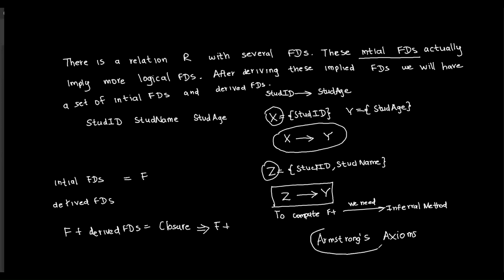And this is a very sound and complete method to find out all the derived FDs in F plus. Okay, this is the best way to find out all the FDs in the F plus FD set. All right. So this is the reasoning behind FDs. The reasoning we use to find out what are the possible FDs in F plus.